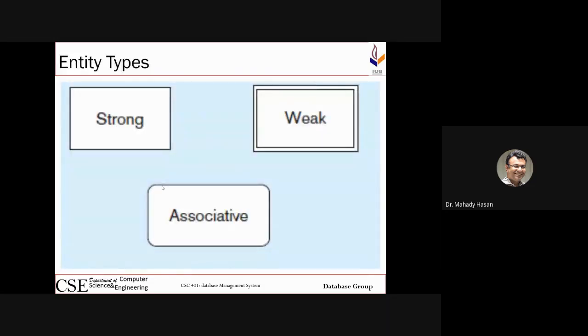So this is how we denote entity. Strong entity is represented by a rectangle box. Double line rectangle box represents weak entity, and rounded rectangle is for associative entity. So these are three types of entities that we can see here.